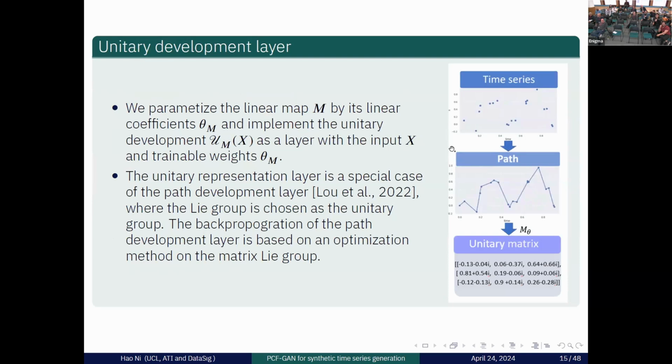Sorry, one more thing. Why is the unitary matrix dimension 3 by 3? Oh, this is an example. The user can choose whatever matrix order they want. What is a good dimension for the unitary matrix? Here it is 3 by 3, but you could do 2 by 2.